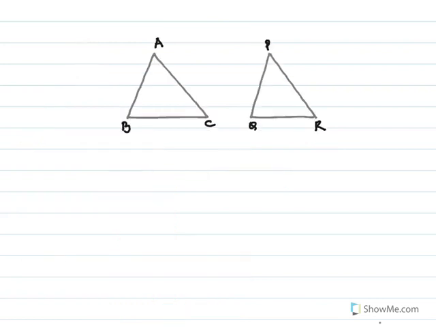Now we'll go to the tests of similarity. The first test is called the AAA test, or it can also be said as the AA test. A means angle. So if I can show two angles, like A equal to Q and B equal to R, if two angles are equal, I can say the triangles are similar.